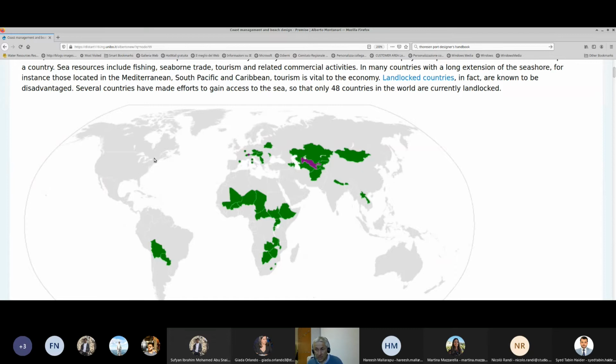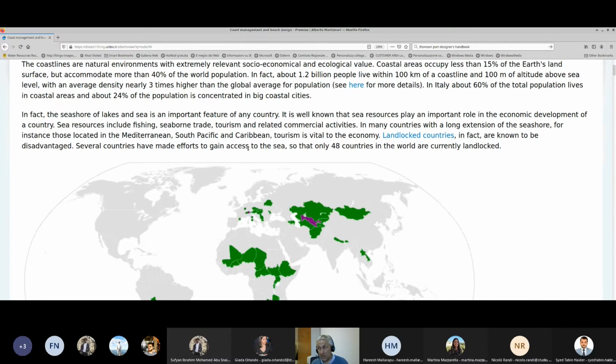These countries are known to be very disadvantaged because they cannot access the very important resources offered by the sea in terms of commercial activities, in terms of fishing, in terms of tourism.